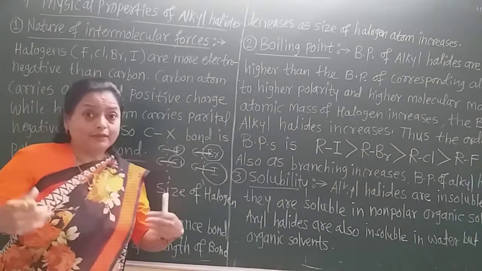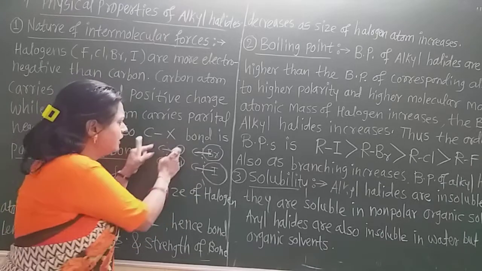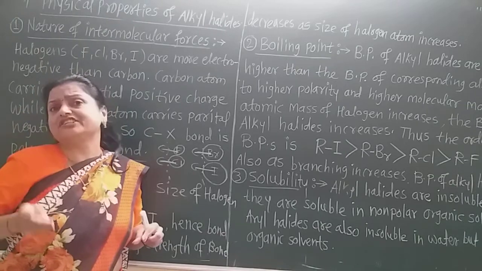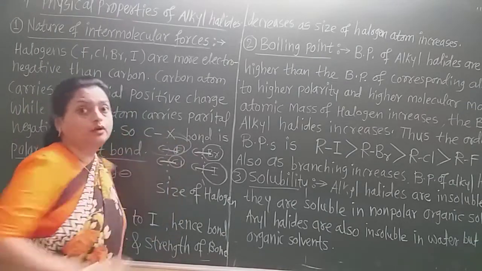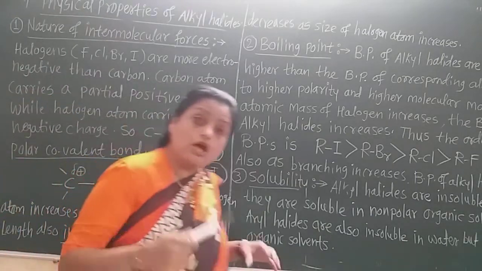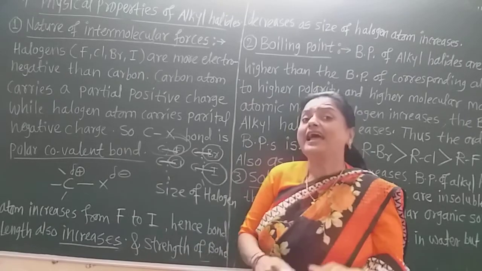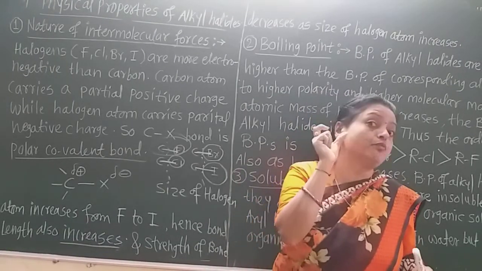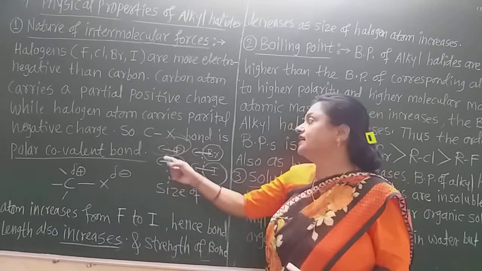Why? Because the bond length increases, the attraction between the two decreases, and due to that decrease in attraction, very little energy is required to break the bond. So the carbon-fluorine bond is the most polar, and the bond length is shorter, and the energy required to break that short bond is maximum because the attractive forces are more in the C-F bond.